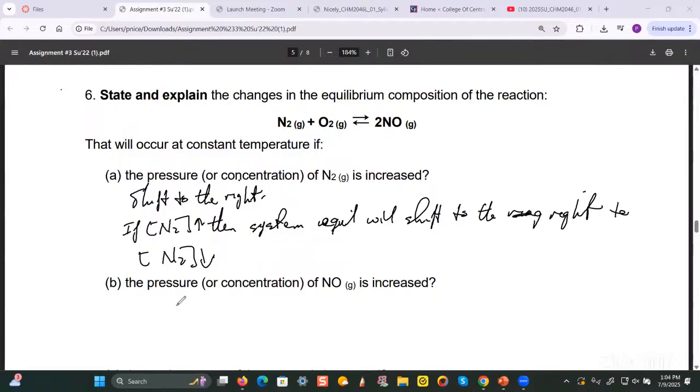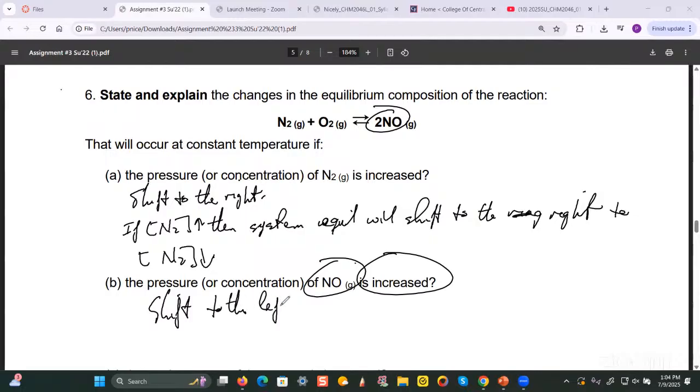Okay, so let me hear your response for B. In the case of B, you are increasing the pressure or concentration of NO. So what direction would you expect the equilibrium position to move? Is it to the left or to the right? To the left. So shift to the left, right? So let's hear your explanation.